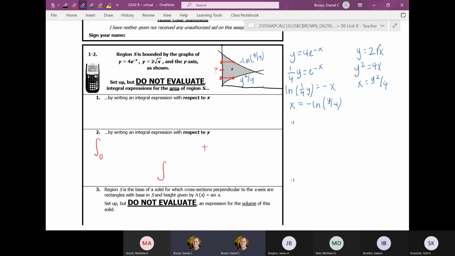So for this first region, right minus the left, the right function is y squared over 4. The left function is the y-axis, which is x equal to 0. And then the next region, where my blue line is dividing it, the right function is now the natural log one, minus the left function, which is the y-axis, or 0.